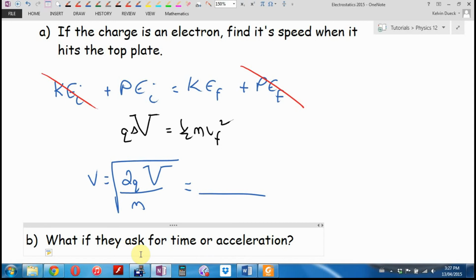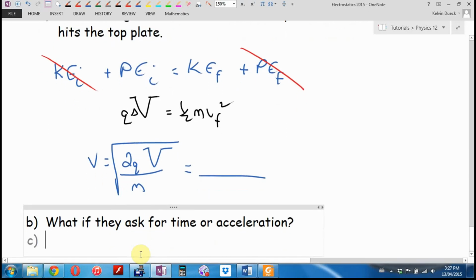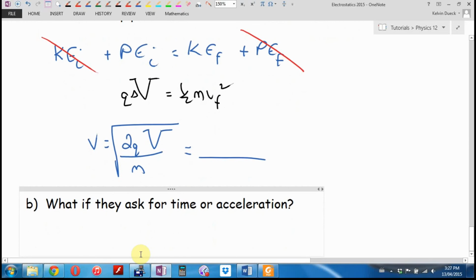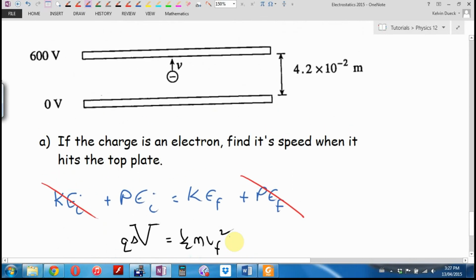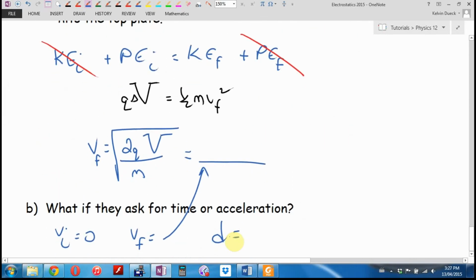The mass isn't changing, the force isn't changing, so the acceleration isn't changing. How could I do this? Well, did they give me the distance between the plates? 4.2 times 10 to the negative 2, 0.042 is really what that's saying.